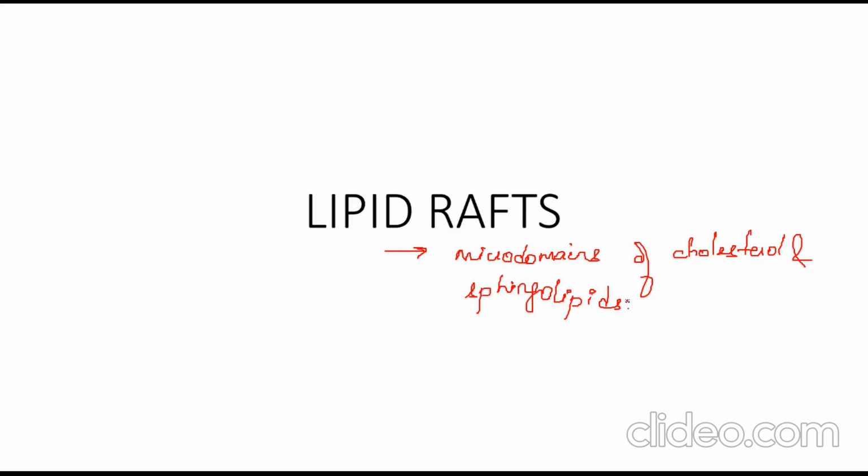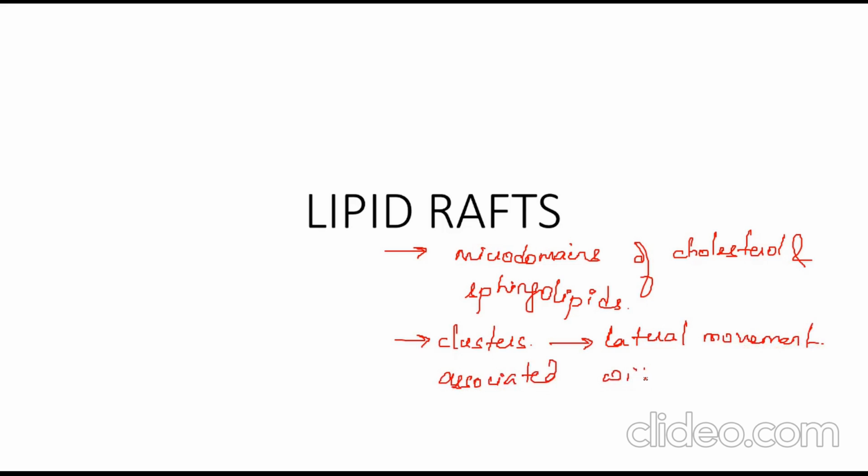They form the lipid raft, and these lipid rafts or clusters are able to move laterally. They show lateral movement within the plasma membrane, and they are associated with some specific proteins.